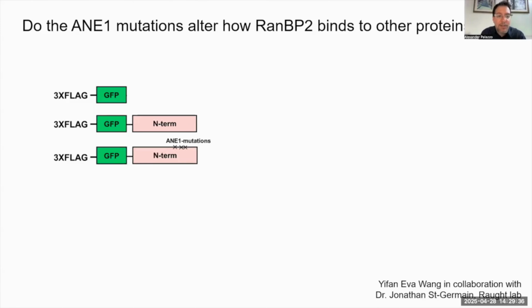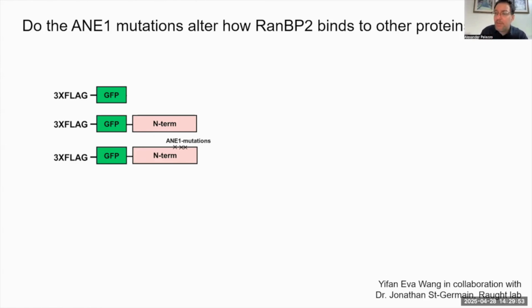And so the way we do this is we overexpress the N-terminal fragment of RanBP2 coupled to a couple of tags, and we either express the normal version, or we actually combine three ANE1 mutations.